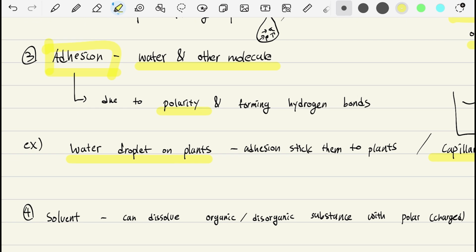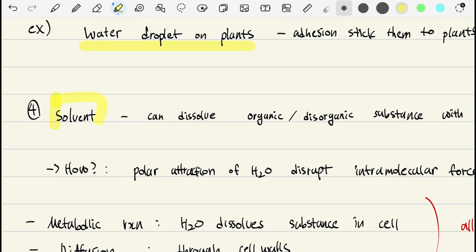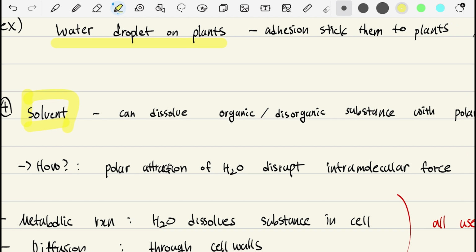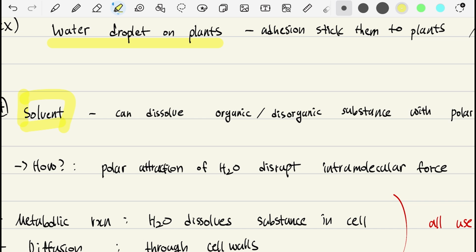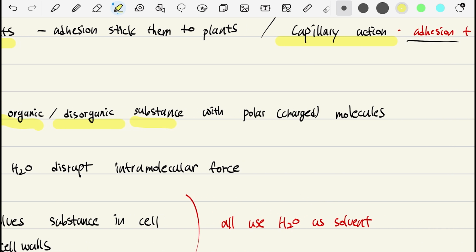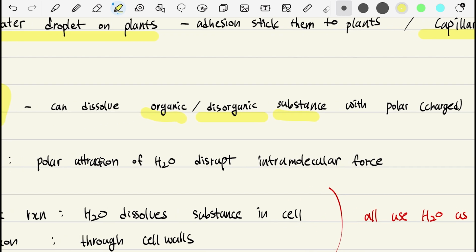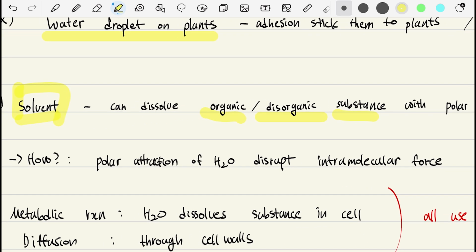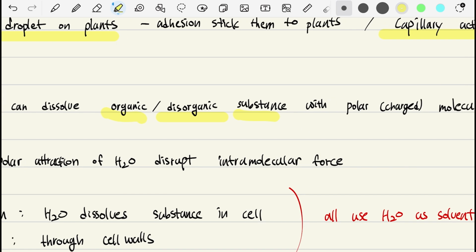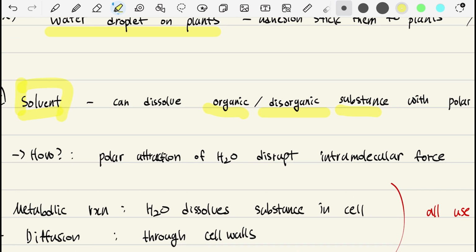And the third characteristic of water would be the solvent. It functions well as a solvent. This is because it can dissolve organic and inorganic substances that contain polar molecules inside them.